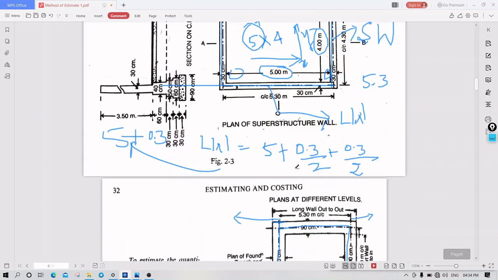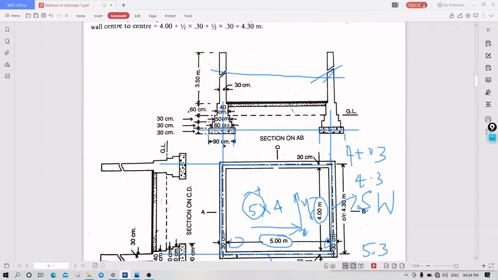So, plan of the first footing. Here it is 90 by 2, so 5 plus 0.9 by 2 plus 0.9 by 2, or you can say 5 plus 0.9.